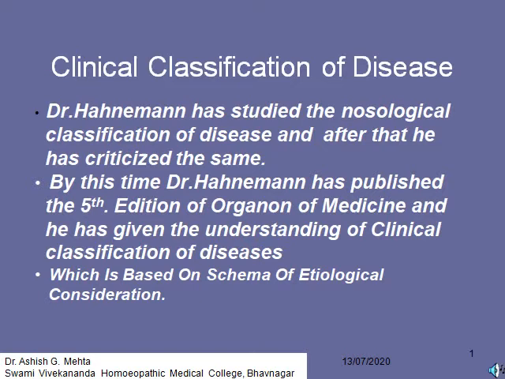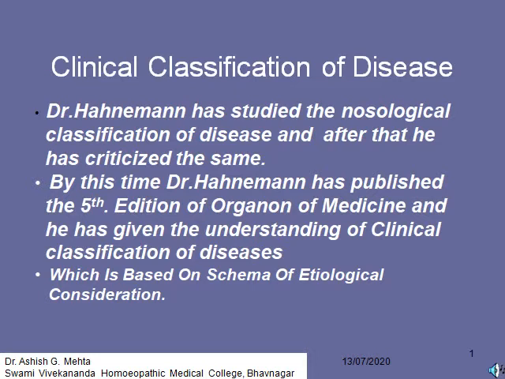And we know that he came to the conclusion regarding the causes of the illness in the 4th edition of Organon of Medicine. And after knowing the causes of the illness, he evolved up to the 5th edition of Organon of Medicine, in which he has given the clinical classification of the diseases.